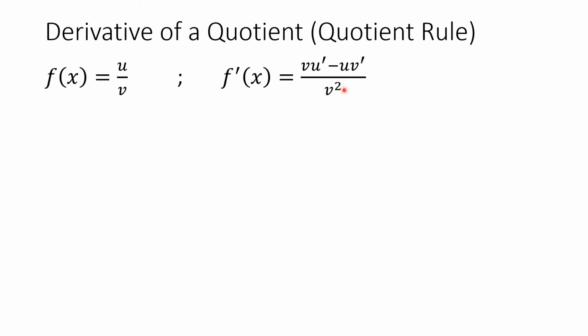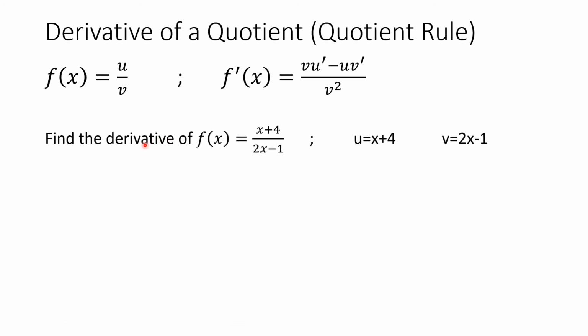So again, it is required that we get the u prime and v prime and then plug in all those values to the formula of the derivative of a quotient. So let's say, for example, we have f of x equals x plus 4 all over 2x minus 1.